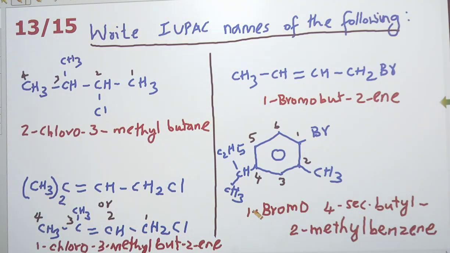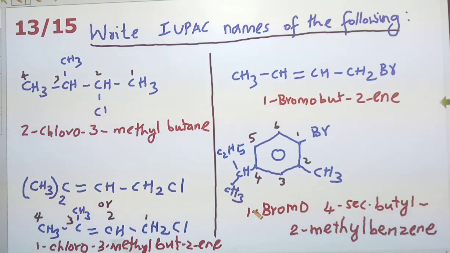Let us see here some compounds and write their IUPAC names. When we go for the first structure, CH3-CH(CH3)-CHCl-CH3. Here you can give numbering from right to left. On the second carbon we have a chlorine group, so we can call it 2-chloro-3-methylbutane.